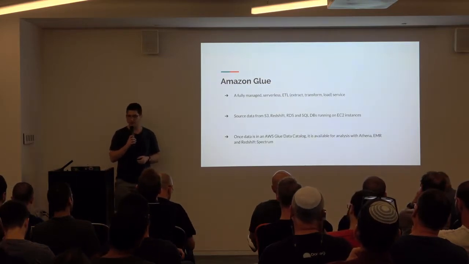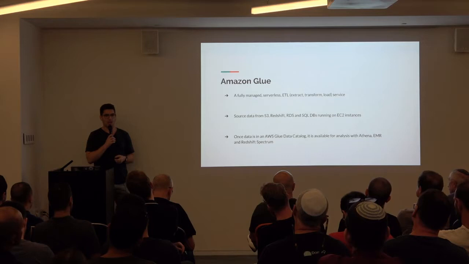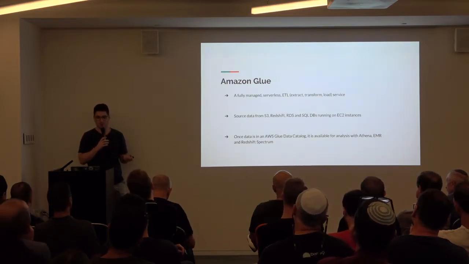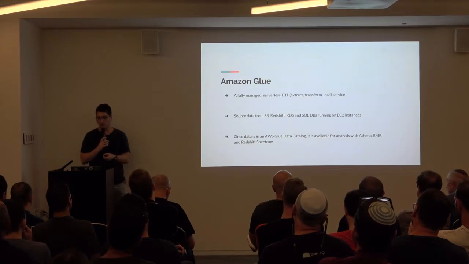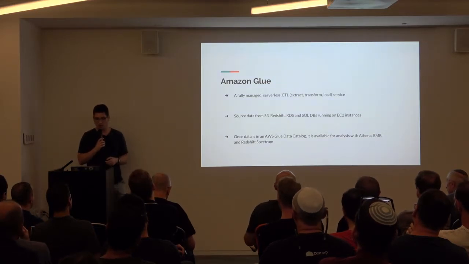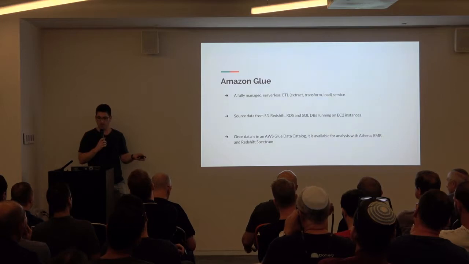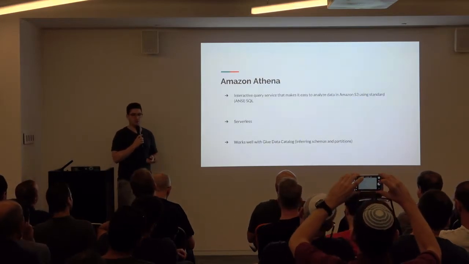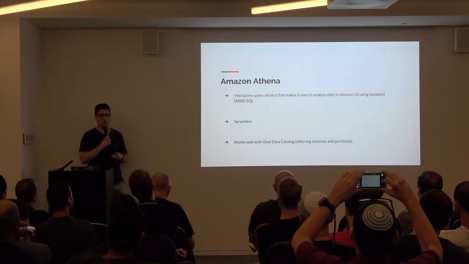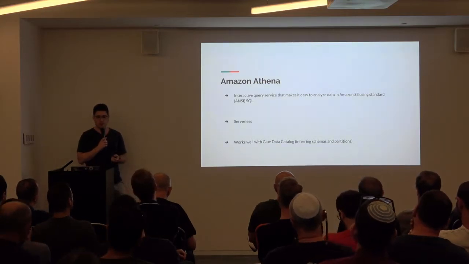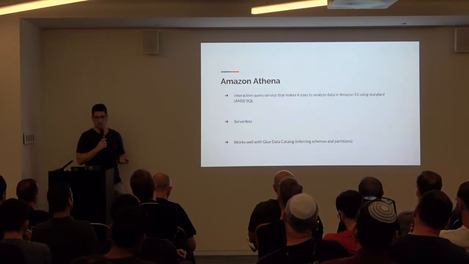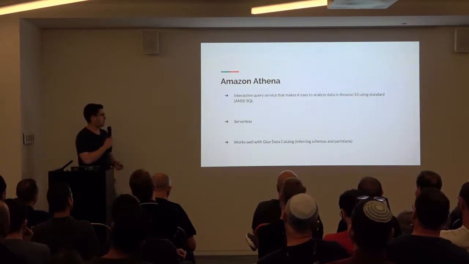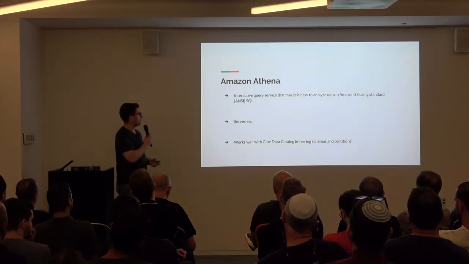And once your data is in the AWS Glue catalog, you're able to query that data using AWS Athena, or EMR and Redshift Spectrum. What's AWS Athena, you ask? Well, it's an interactive query service with which you can use standard SQL. It's fully serverless and it works well with AWS Glue.